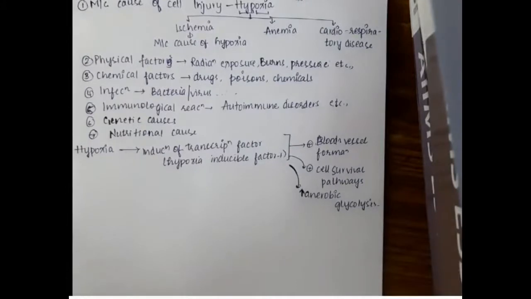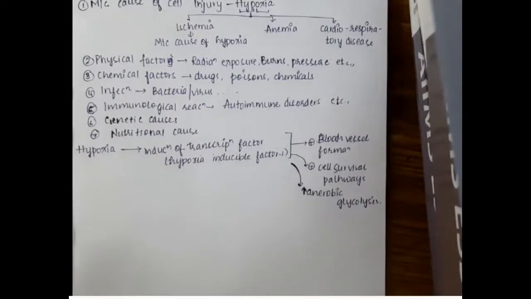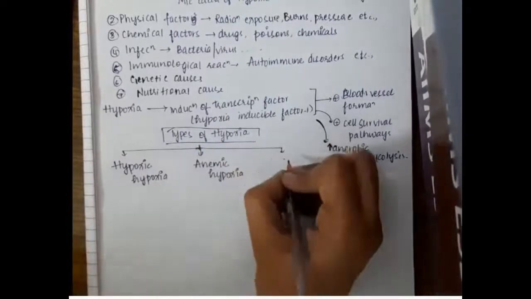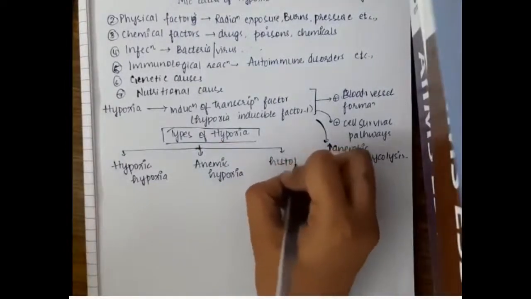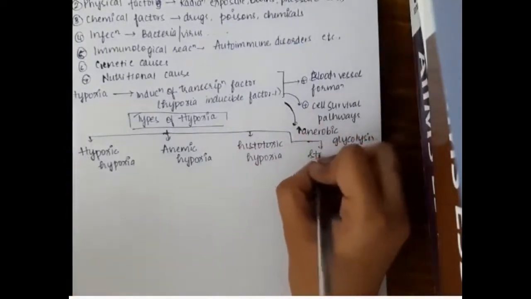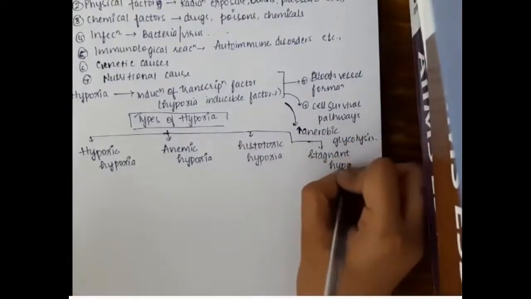Now let us learn about the types of hypoxia. There are 4 different types of hypoxia: hypoxic hypoxia, anemic hypoxia, histotoxic hypoxia, and finally stagnant hypoxia.